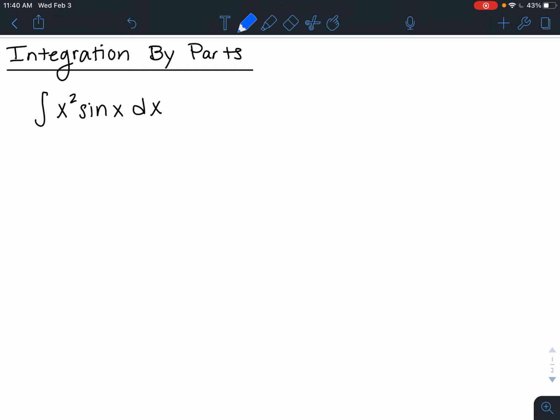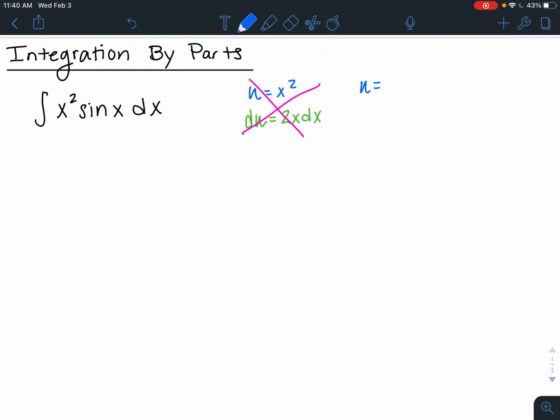U substitution, backwards chain rule. So we have two options that we could pick for U. Say we pick U to be x squared, then our du would be equal to 2x dx. Well, that means the sine of x doesn't fit, so there's no way for me to replace that, and I have an extra x in my dx, so that's not going to work.